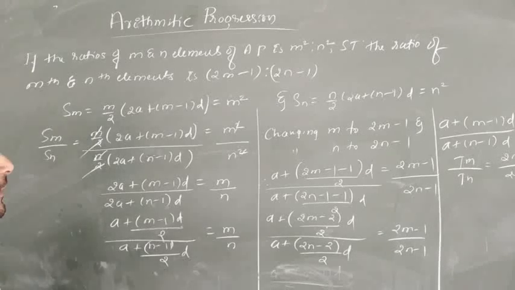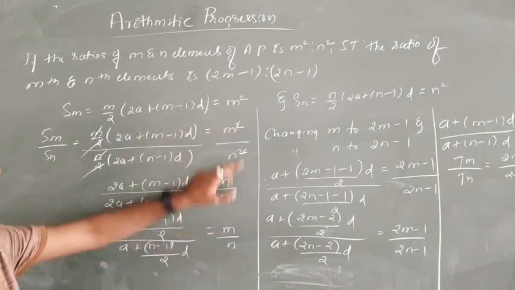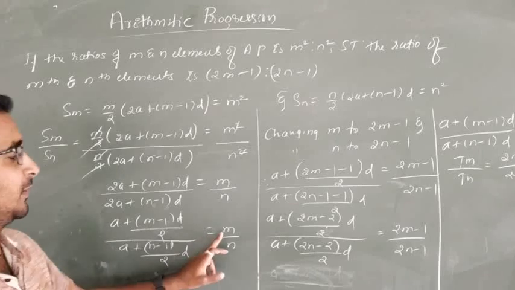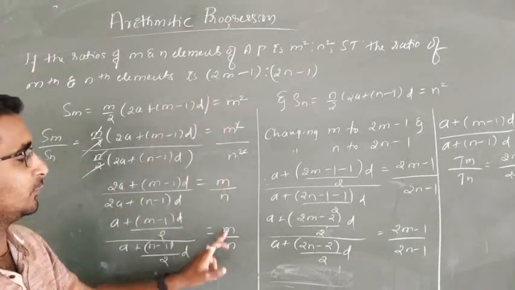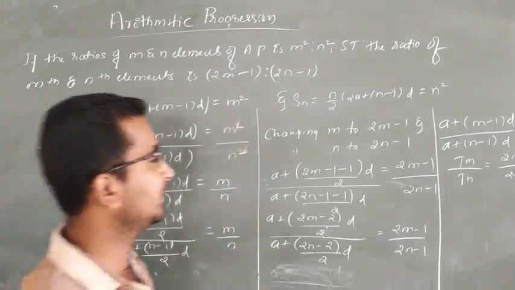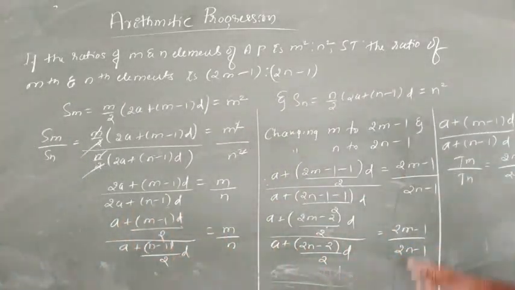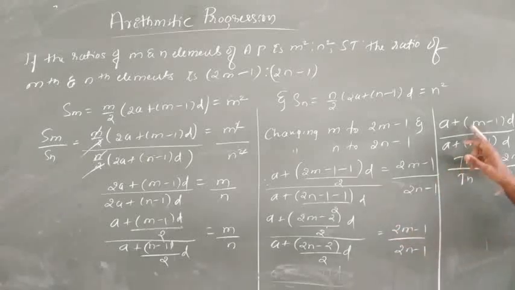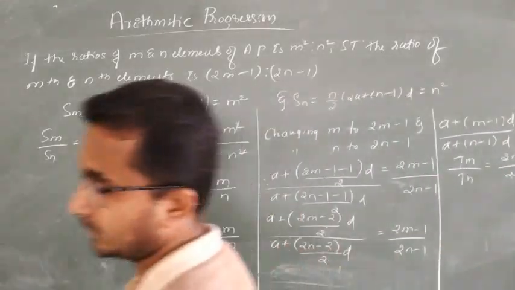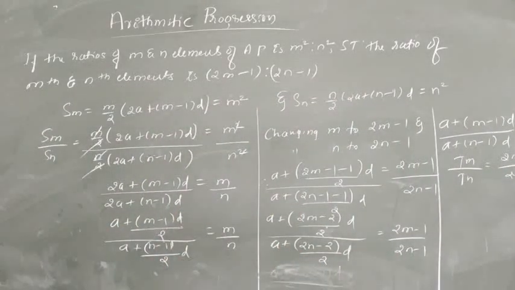What should I get in the RHS? I should get 2m minus 1 and 2n minus 1. So changing the LHS and RHS, wherever m is there, changing to 2m minus 1, and wherever n is there, 2n minus 1. Then I substitute in this equation, then I get the mth and the nth element as 2m minus 1 divided by 2n minus 1. So this is what your solution is.